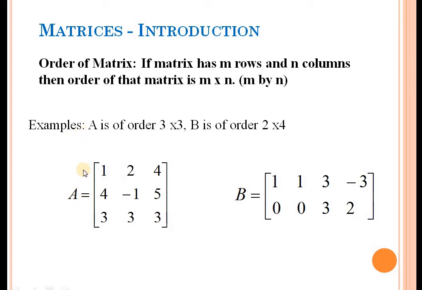This matrix A has 3 rows and 3 columns, so the order of matrix A is 3 cross 3. Another example, B, has 2 rows and 4 columns, so the order of matrix B is 2 cross 4.